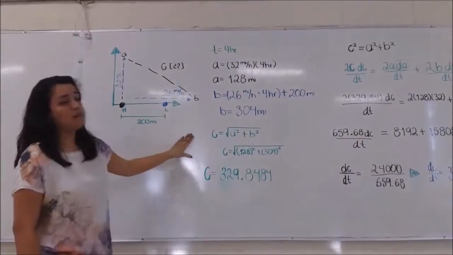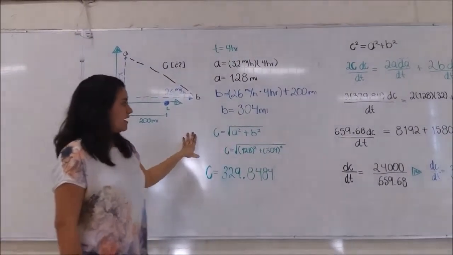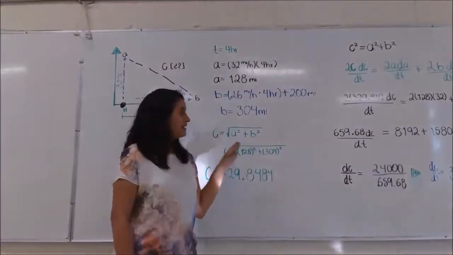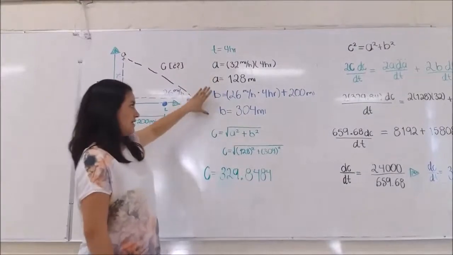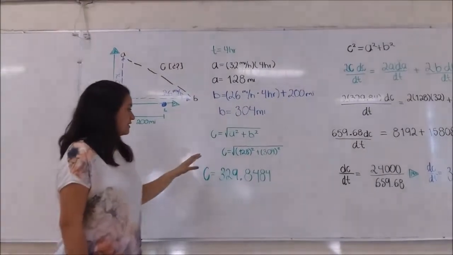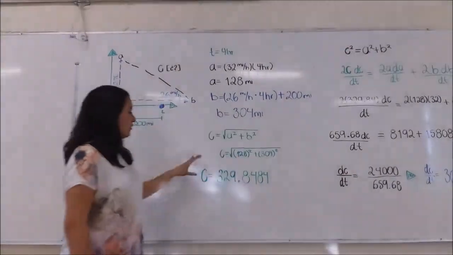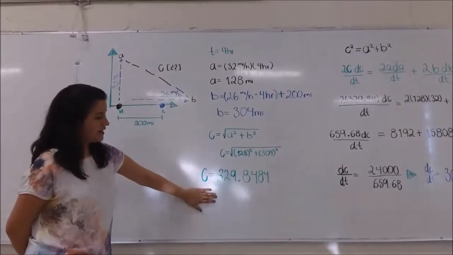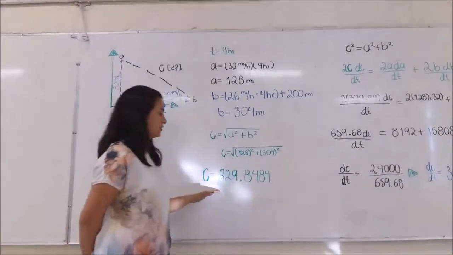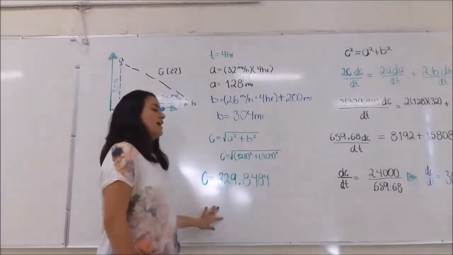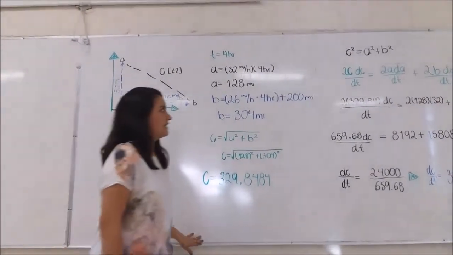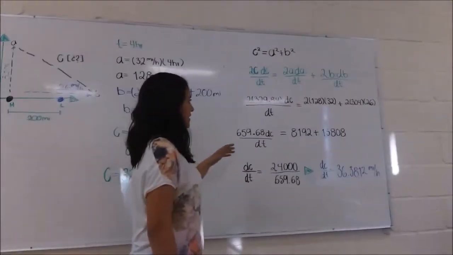Then to get the hypotenuse, you have to use the Pythagoras theorem, and then you substitute the value that you get before, and solve, and you get the value of the hypotenuse, that is 229.8484.